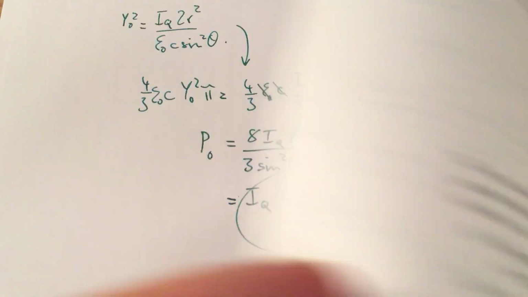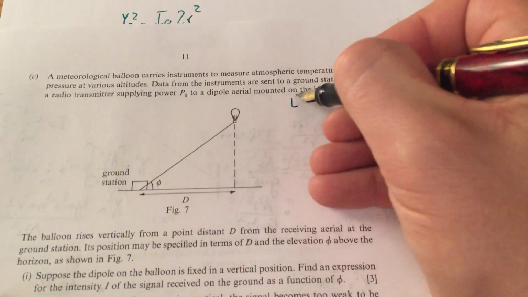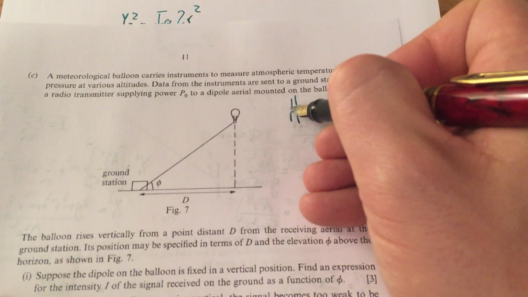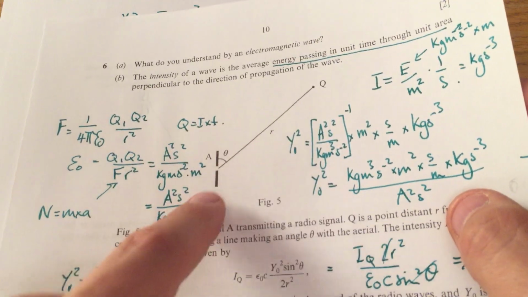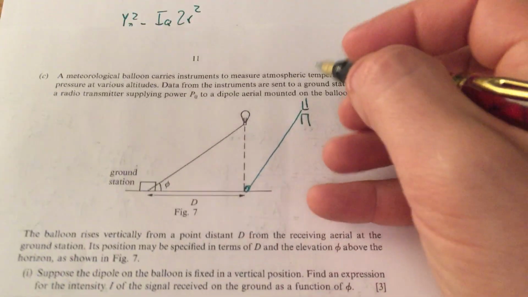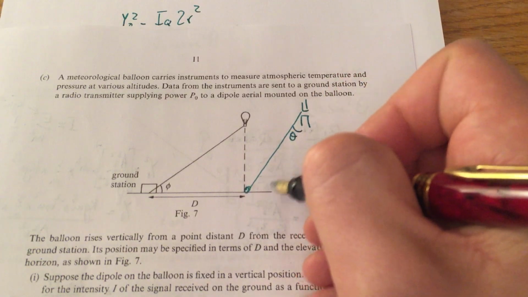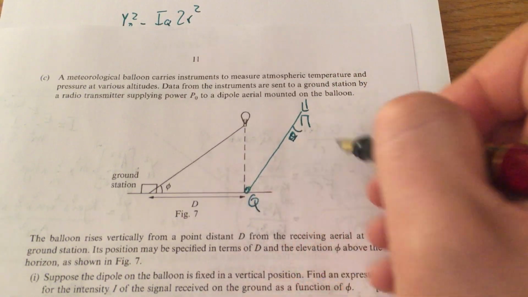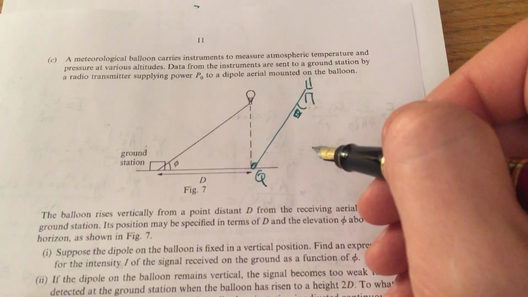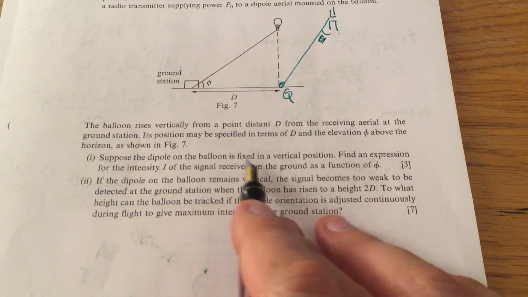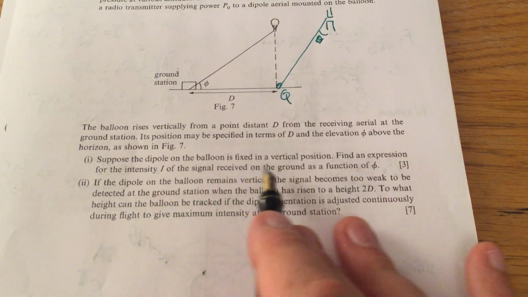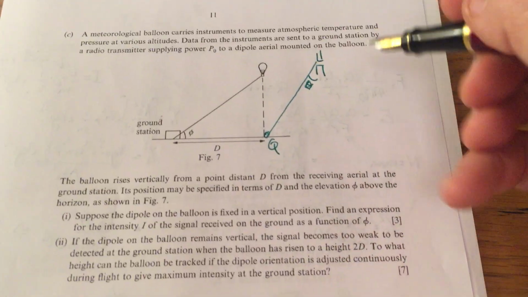So if we put the antenna at the top, then when we inverted that, Q's at the bottom, theta's at the top, then we can use the same identity that we used before on the previous page. So it says, suppose the dipole is at a fixed position, find the expression of the intensity of the signal received as a function of theta.